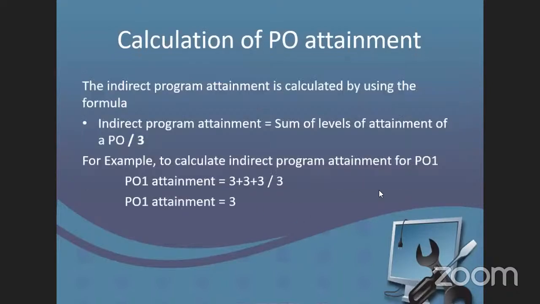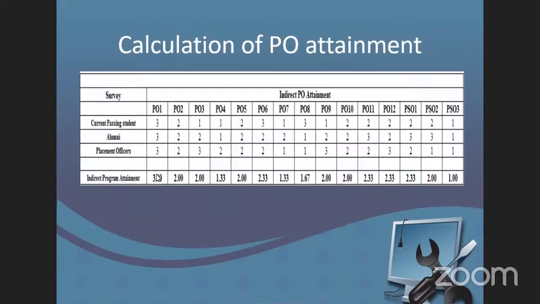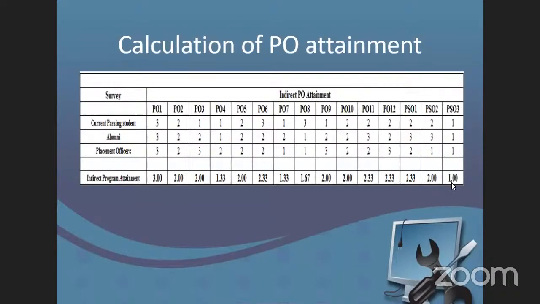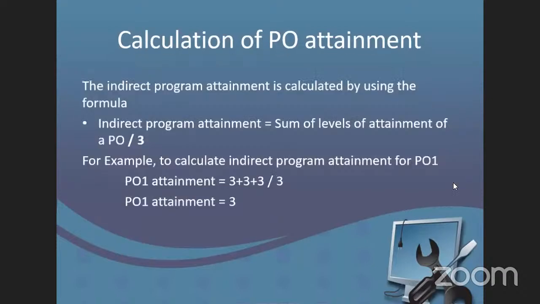After this, finally, I should calculate the PO attainment. Indirect program attainment is equal to the sum of levels of attainment of a PO divided by 3. So 3 plus 3 plus 3 divided by 3; PO1 attainment is 3. Likewise, I have to calculate it till PSO3.